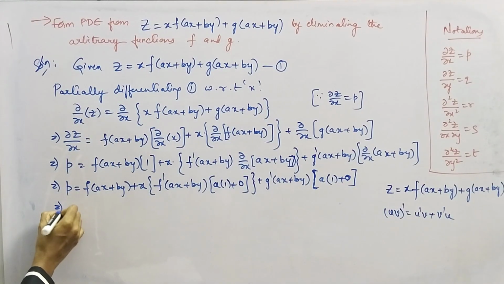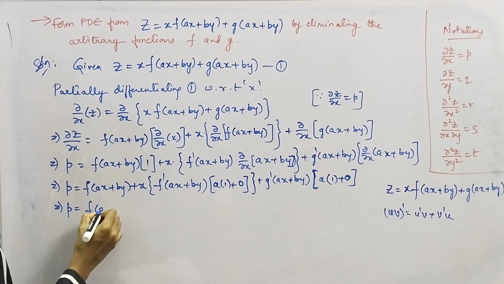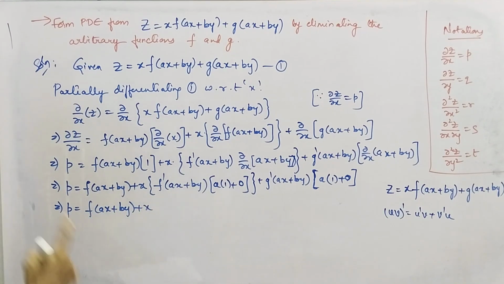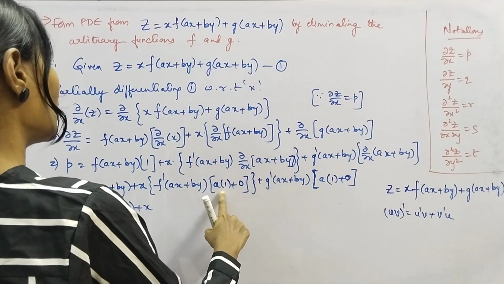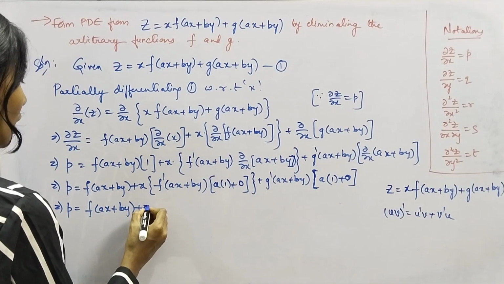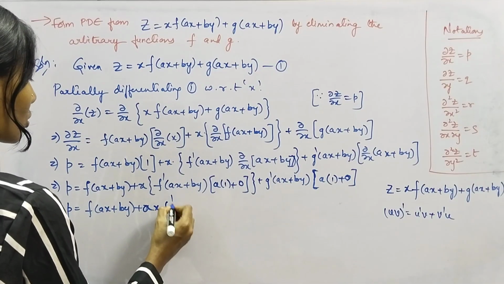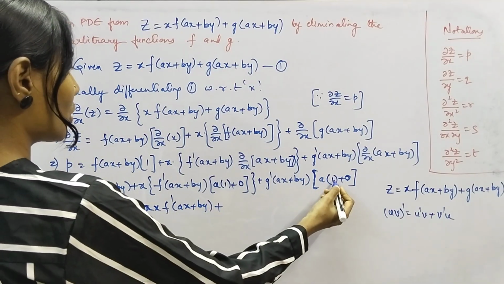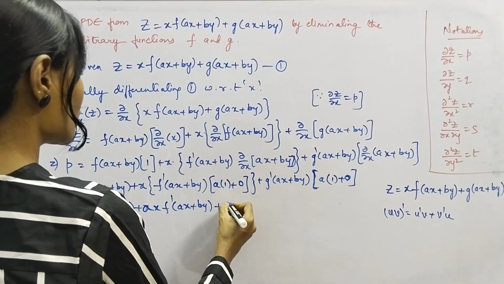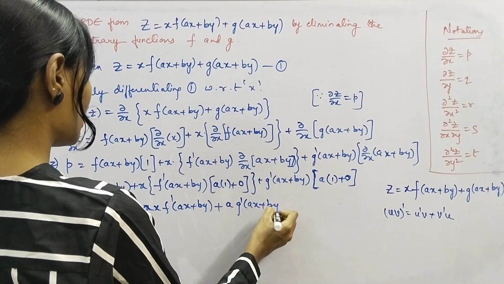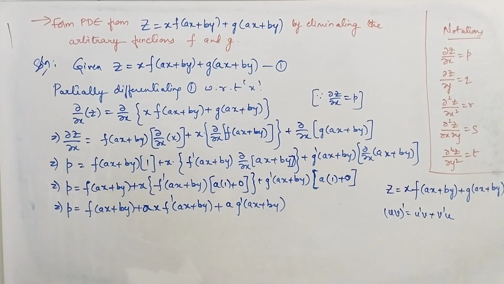Right, this gives us p equal to f of ax plus by plus x times, we have a into 1 is a, plus 0, a into x is ax, so you'll get ax into f dash of ax plus by plus a into 1 is a, plus 0, a into g dash is a into g dash of ax plus by. Right, consider it as equation number 2.